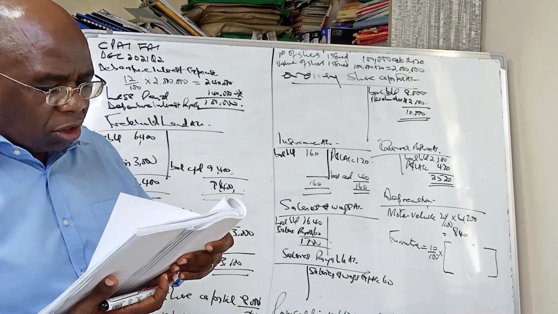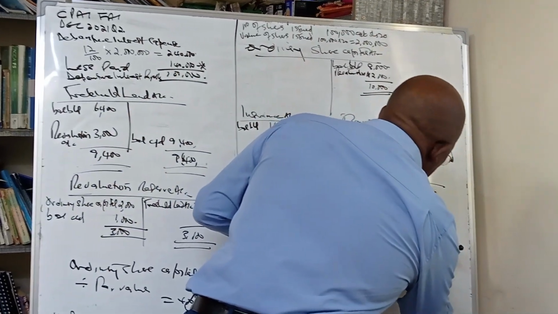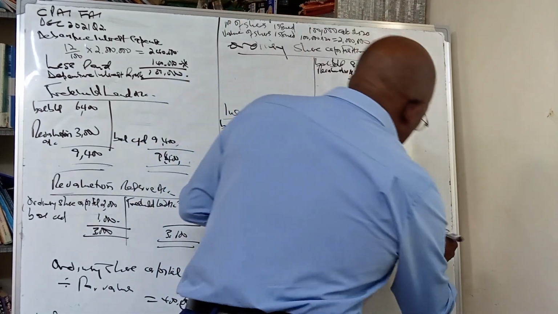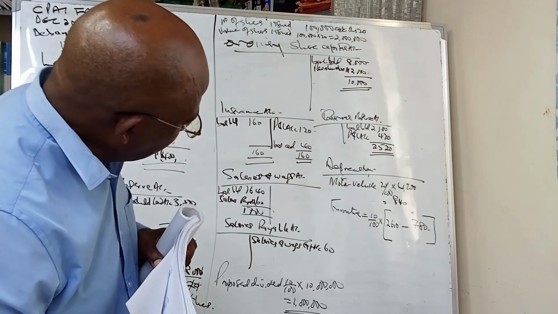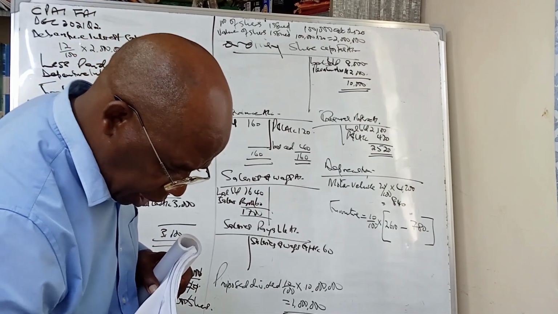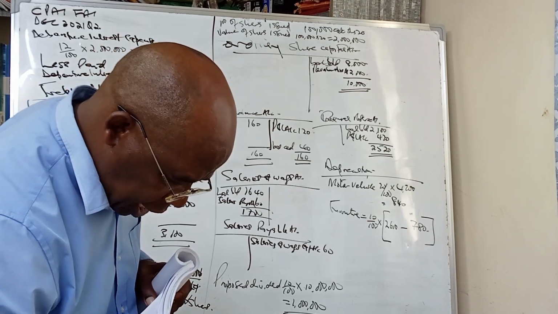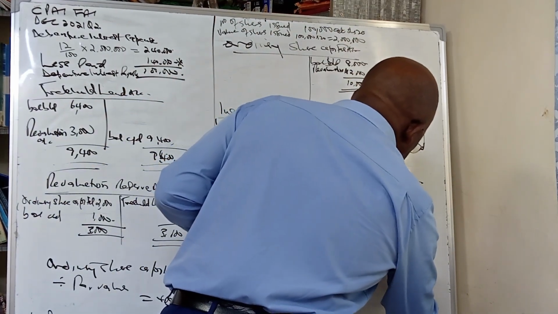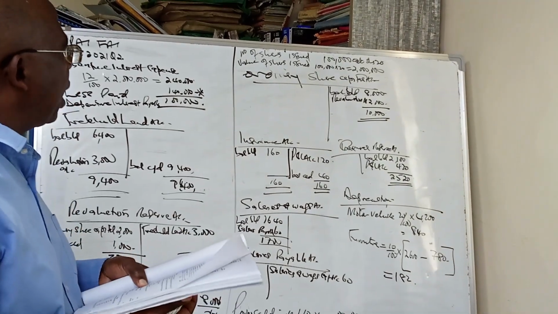Furniture at cost is 2,600,000 minus accumulated depreciation in the trial balance for furniture, which is 780. You apply the 10%: 2,600 minus 780 gives 1,820, times 0.1 gives 182. So the depreciation for furniture is 182.